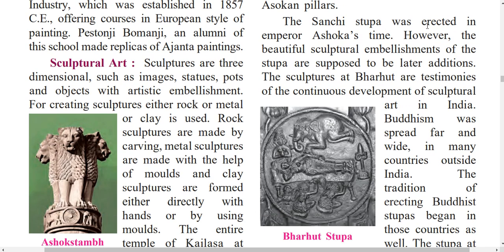The Sanchi Stupa was erected in Emperor Ashoka's time. However, the beautiful sculptural embellishments of the stupa are supposed to be later additions. The sculptures at Bharhut are testimonies of the continuous development of sculptural art in India.